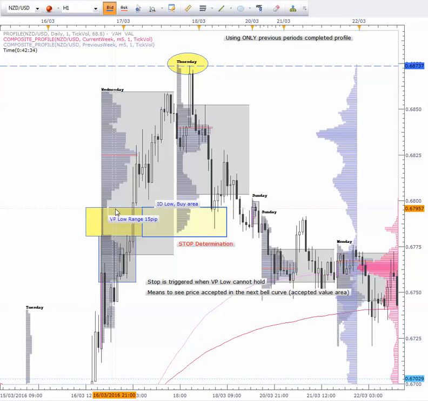I cannot continue to be in that because it's telling me that this volume profile low is not bringing in buyers.